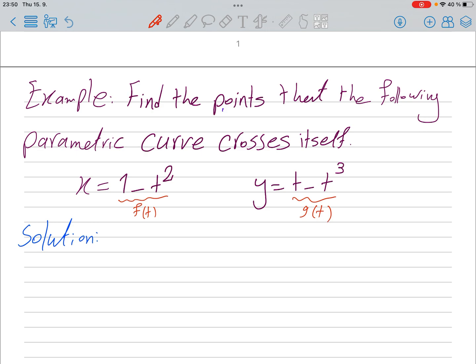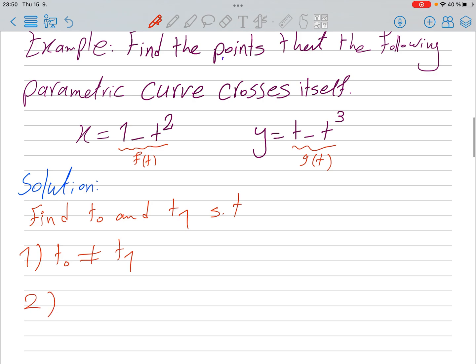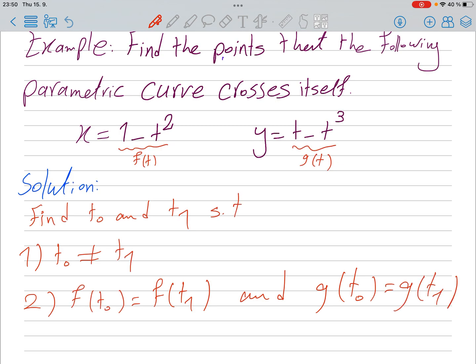So now it suffices to find t0 and t1 such that, as we discussed, number one, t0 is not equal to t1, and number two, f of t0 is equal to f of t1, and g of t0 is equal to g of t1, right?